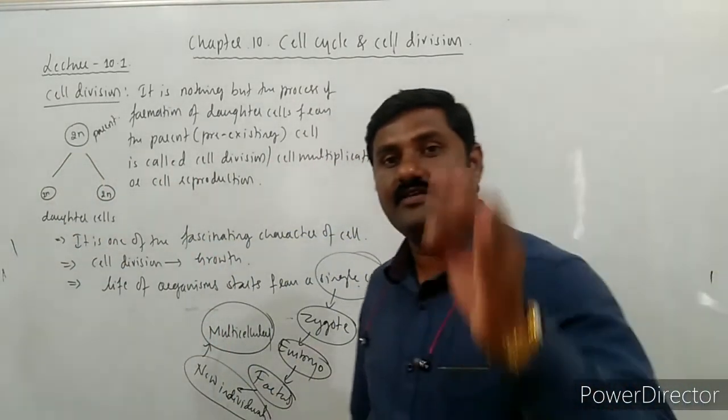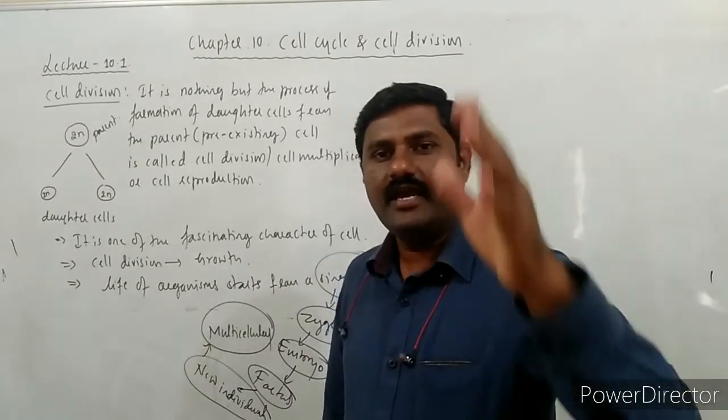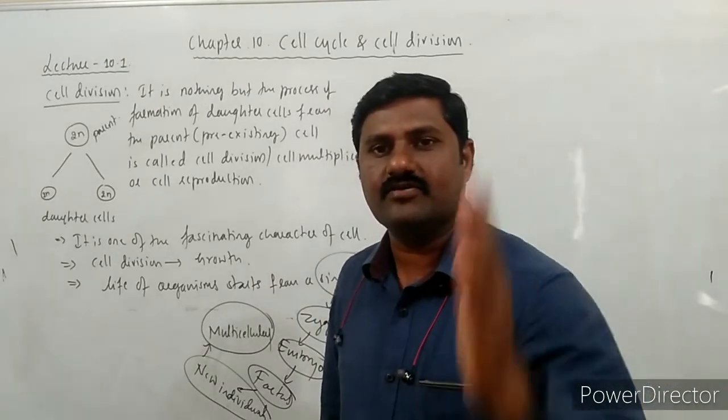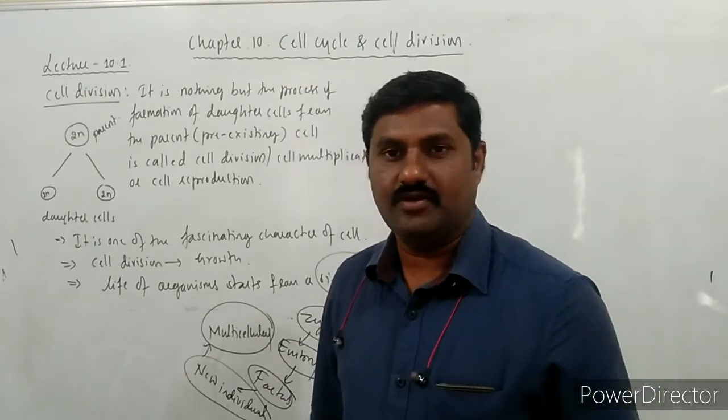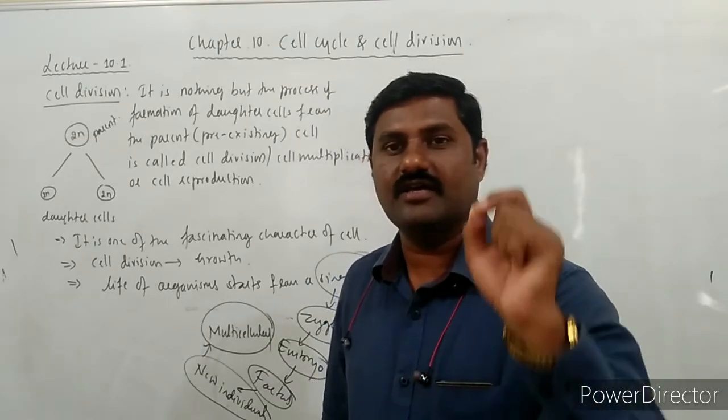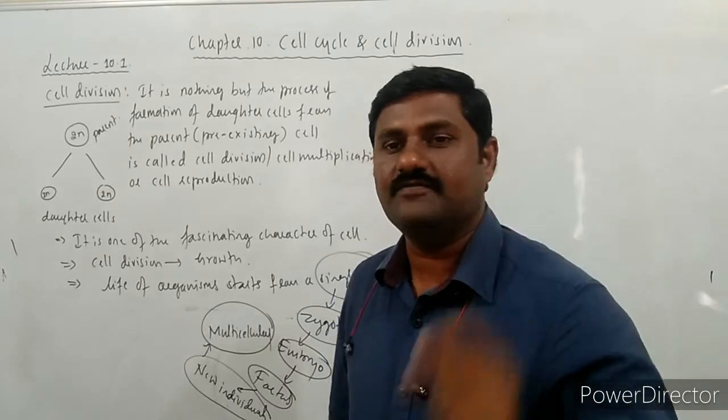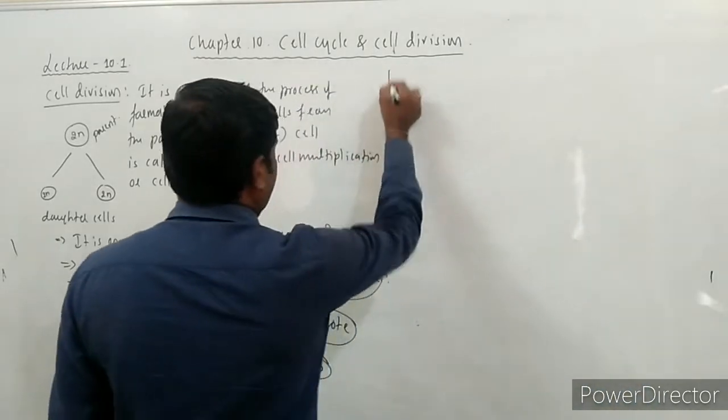That's why cell division is a must. It must take place in the organisms, which leads to the growth of the organism. Growth and reproduction are the important features of the cell.